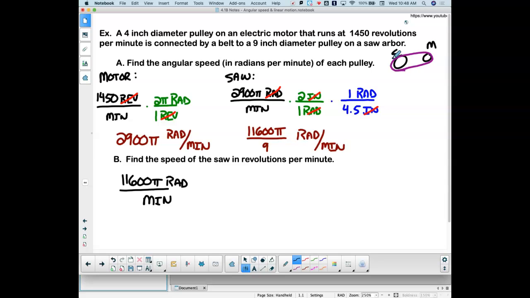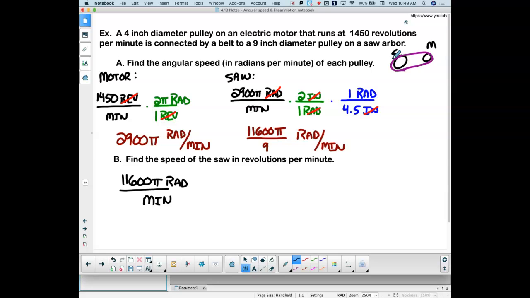The only thing that's going to connect two spinning things that aren't the same size is the linear belt, or the linear chain, or whatever's connecting those two spinny things. I have to get that speed.